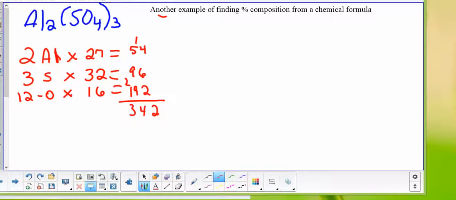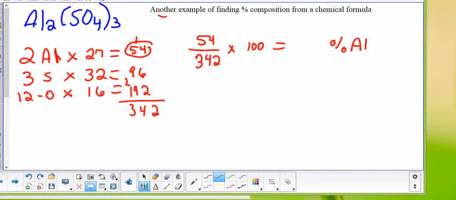Now to find the percent aluminum, I will take aluminum's part over the total, so it'll be 54 divided by 342 times 100, and that will give me percent aluminum. I think that's about 56.